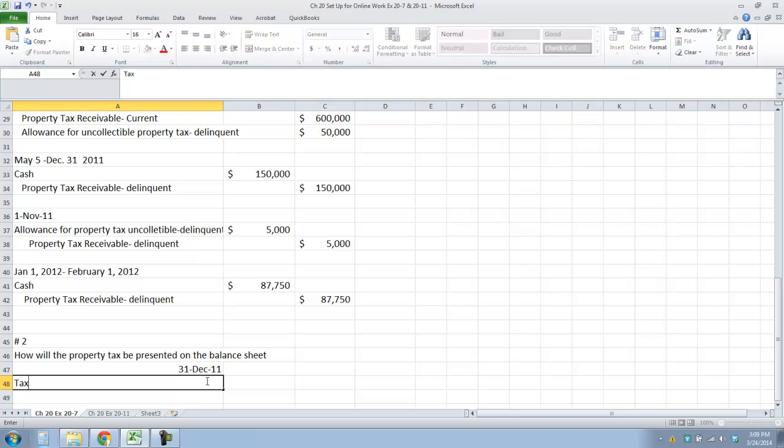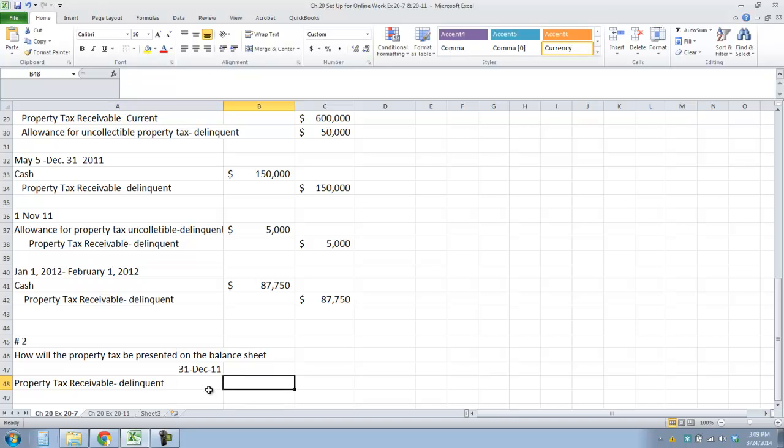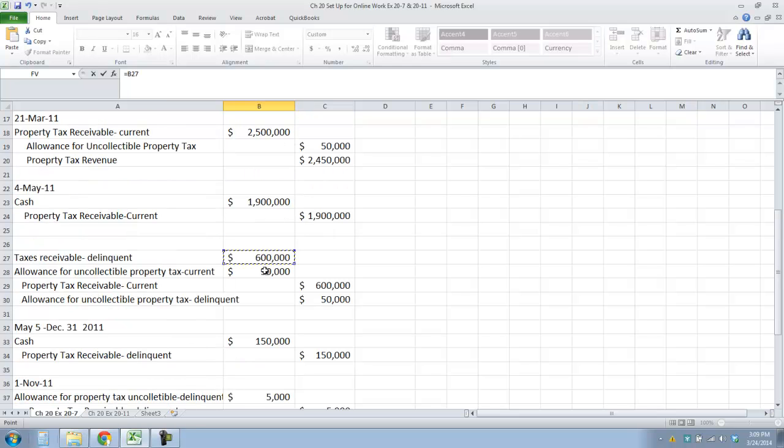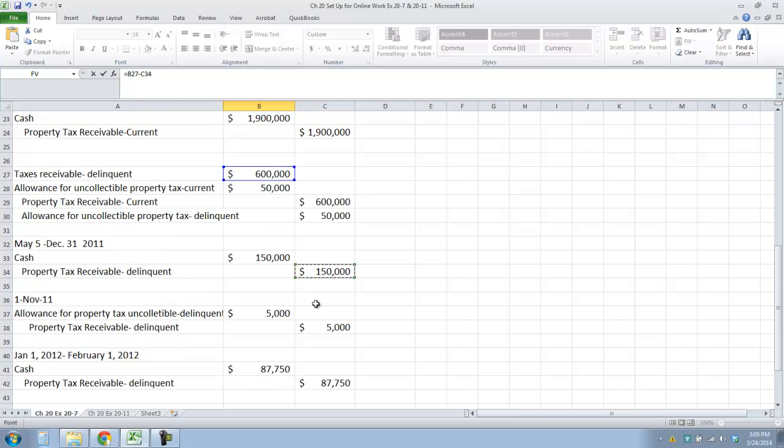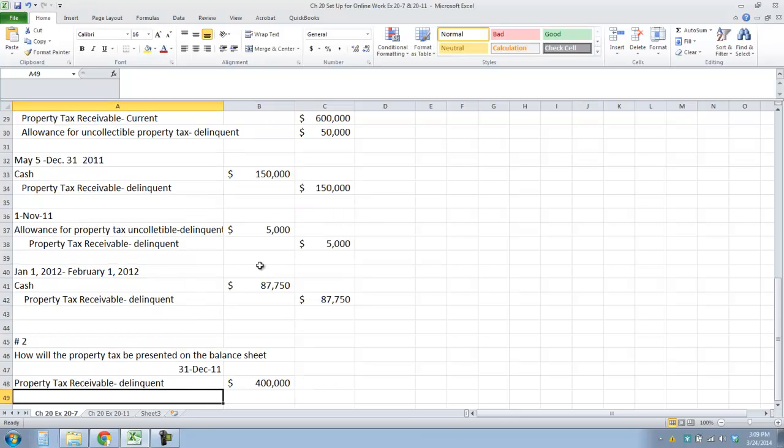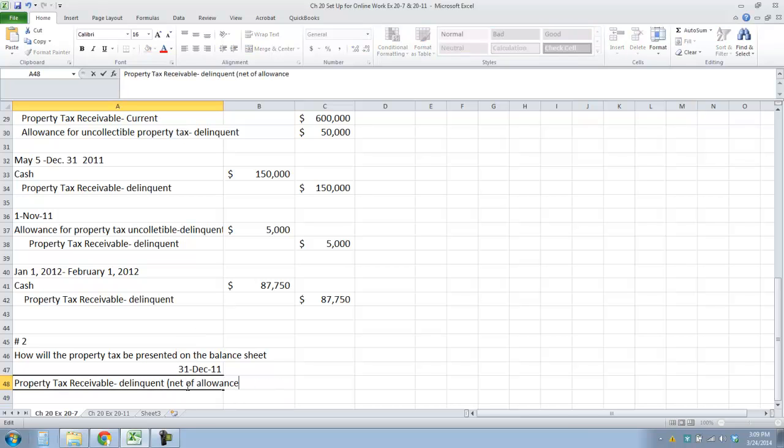So it would be property tax receivable, delinquent, and it would be $600,000 delinquent minus our allowance for delinquent, and it would be net of allowance.